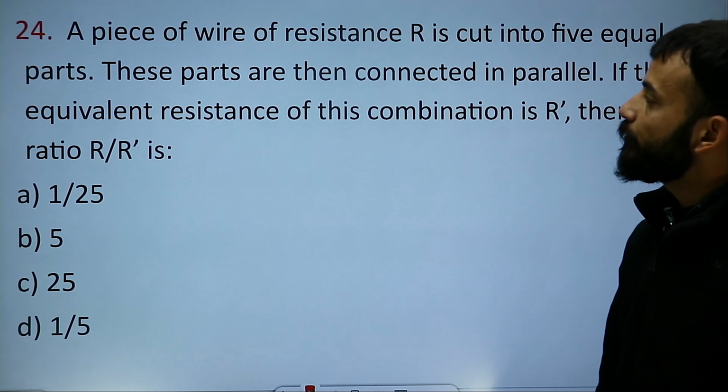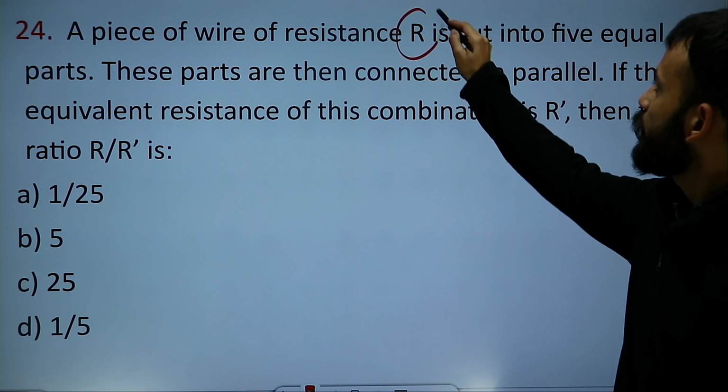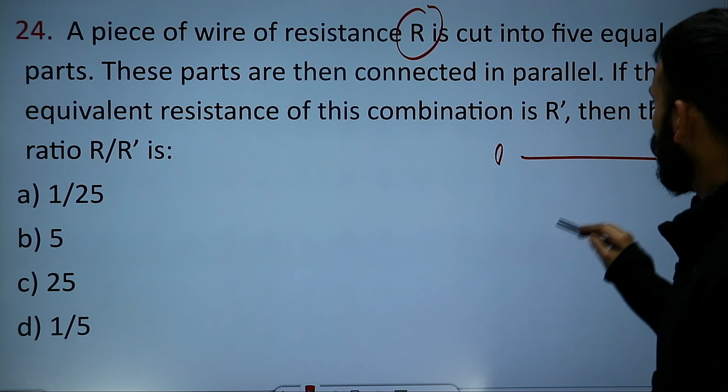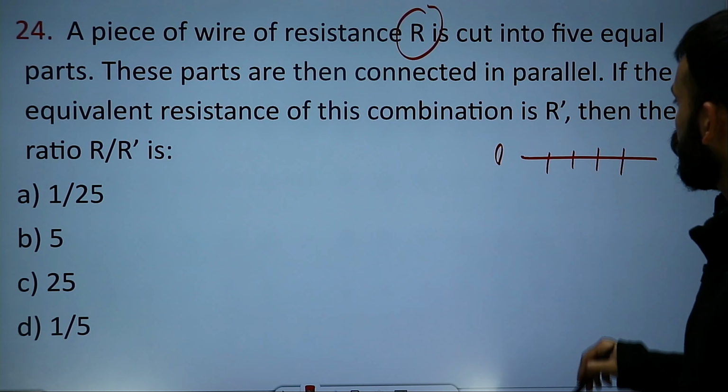The next question: a piece of wire of resistance R is cut into 5 equal parts. Let's suppose we have an L length conductor cut into 5 equal parts.